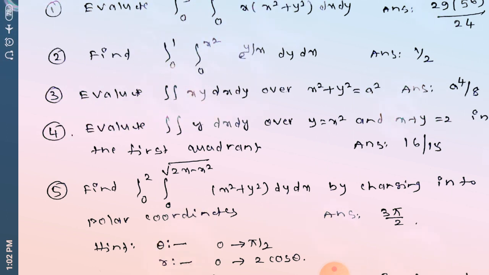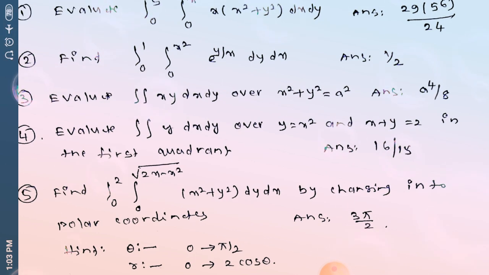One is y equal to x square and another is y equal to 2 minus x. Then you solve these two equations to get the x values first, which are 0 and 1. So the x limits are 0 to 1 and the y limits are x square to 2 minus x.